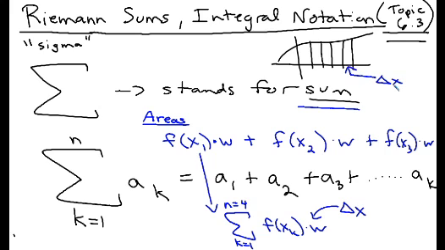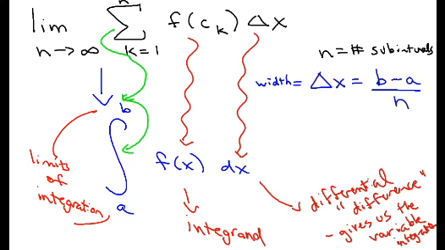So that leads us to this more complicated page here, but now it makes a little bit of sense to us. F of c sub k, that's all our function values that we just talked about. Here's our delta x. Here is us adding them all up. So all of that should look familiar.